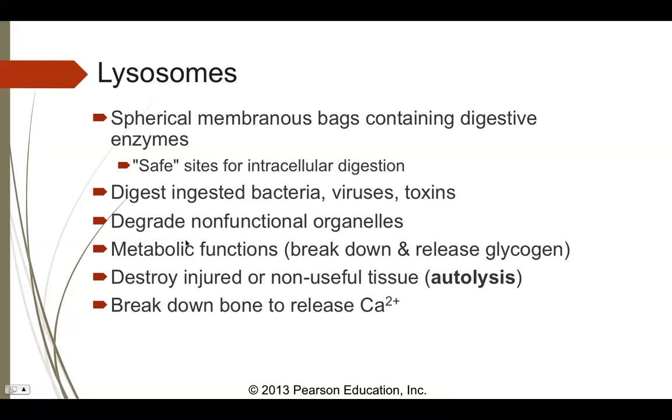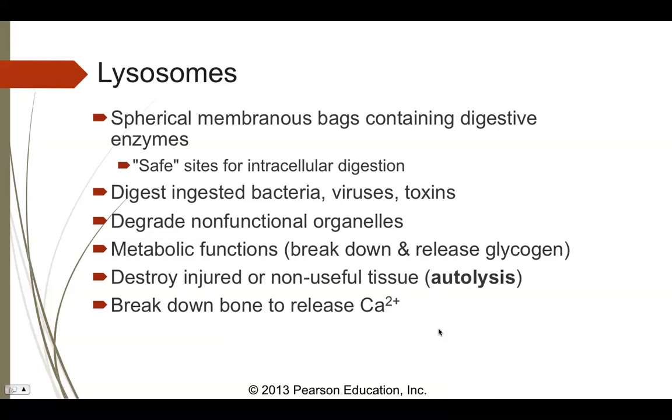They degrade non-functional organelles. They have various metabolic functions, like they can break down and release glycogen, so they break down glycogen actually to release glucose. They destroy injured or non-useful tissue, and they break down bone to release calcium.